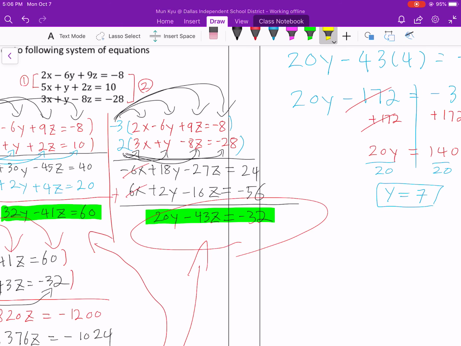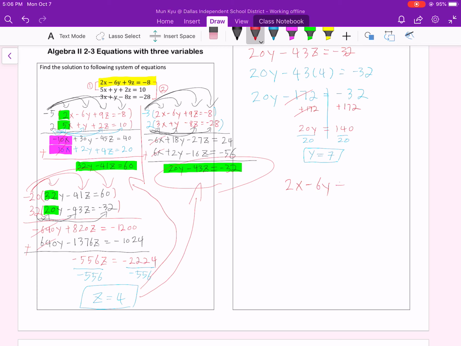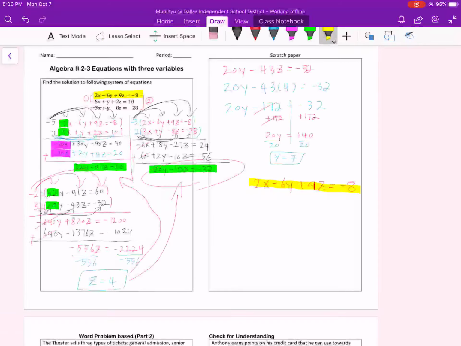So let me copy this one down here. 2x minus 6y plus 9z is equal to negative 8. Let me highlight it so that you don't get confused which one I chose. And very simple, 2x minus 6, but instead of y, I'm going to put 7, and instead of z, I'm going to put 4, equals negative 8.